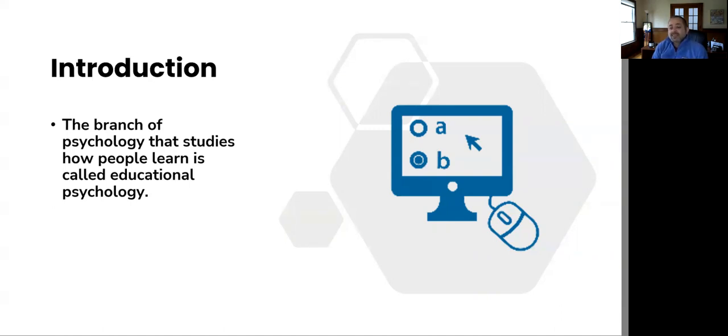By focusing on these topics, not only can we observe the learning process for children and adolescents, but we can also look at the cognitive, social, and emotional processes that are involved in learning. This module gives us an overview of educational psychology. And by the end, you will be able to identify how educational psychology incorporates aspects of other types of psychology, including behavioral, developmental, and cognitive.